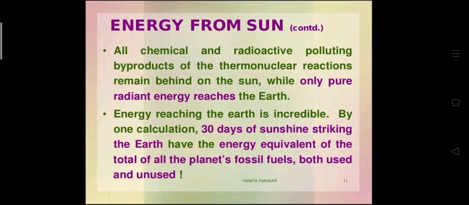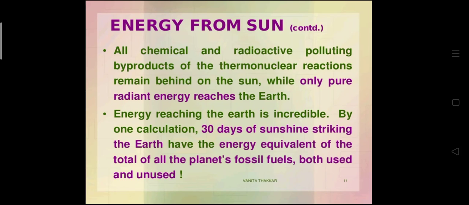In the thermonuclear reactions, there are so many byproducts, chemical and radioactive polluting byproducts. These remain behind on the sun and do not reach the earth. Only pure radiant energy reaches the earth.